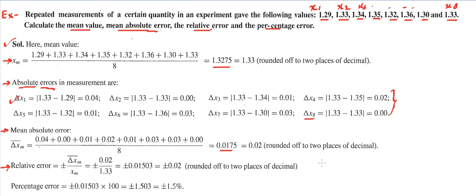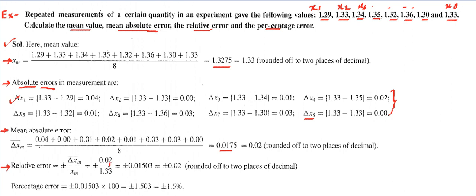You can treat this as a formula. Relative error is defined as the ratio of mean absolute error and mean value. I will write them specifically in the next slide. Here we are just using the formula first. We also write plus minus because errors can be positive as well as negative. So this mean absolute error came out to be 0.02, and the mean value of this observation was 1.33.